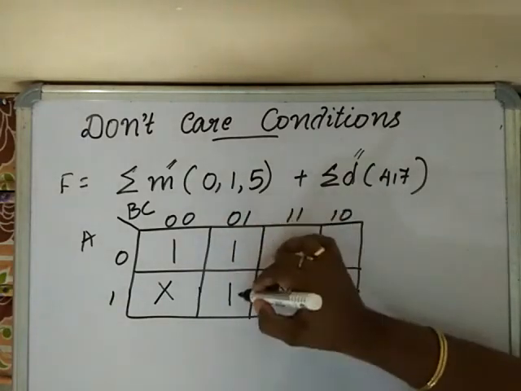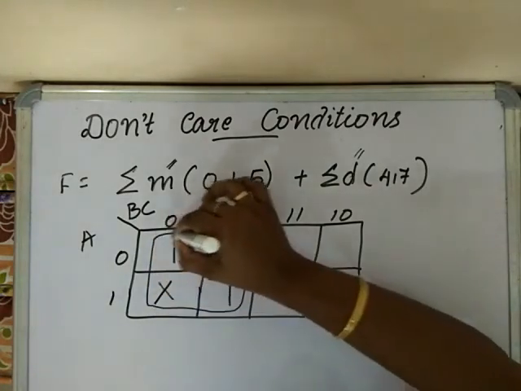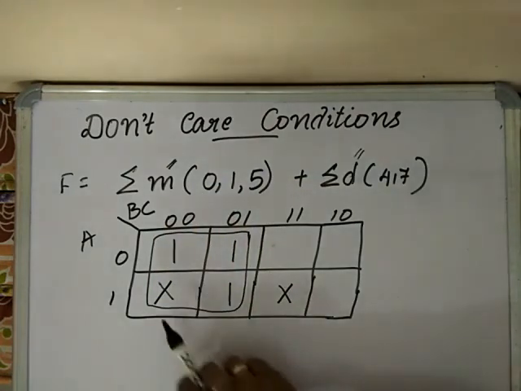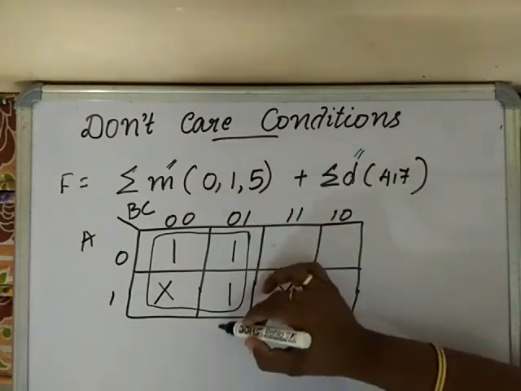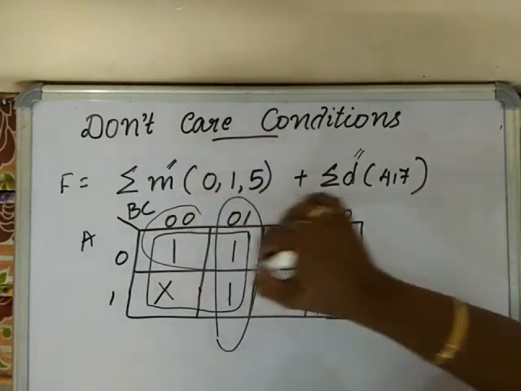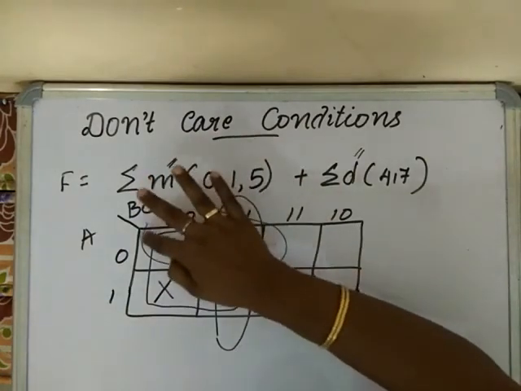Here we have three ones, so I am grouping these four adjacent squares, including the don't care condition. If we do not consider the don't care condition here, we get two groups, one group and a second group, which means we get two terms in the minimized form.